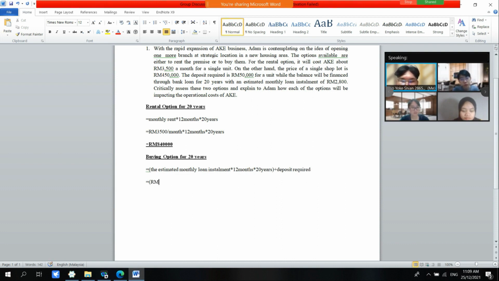So the monthly loan installment is 2,800 times 12 months times 20 years, and then add the deposit required, which is 50,000. So I think the buying option for 20 years will be 722,000 ringgit Malaysia.